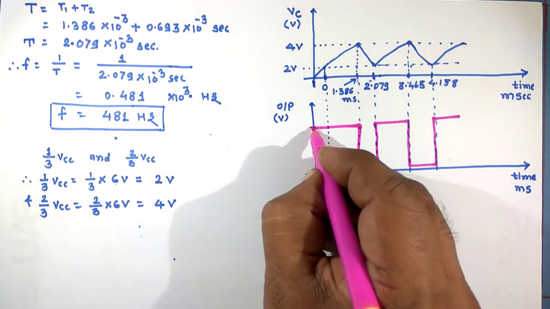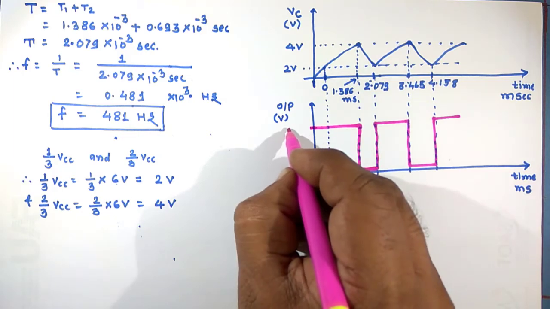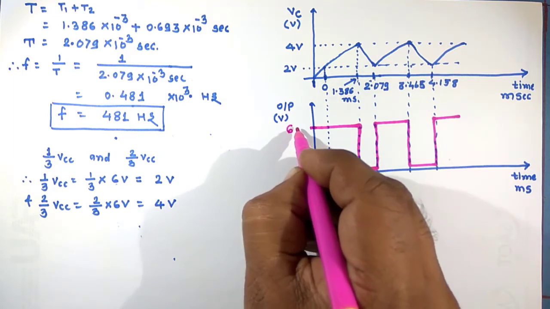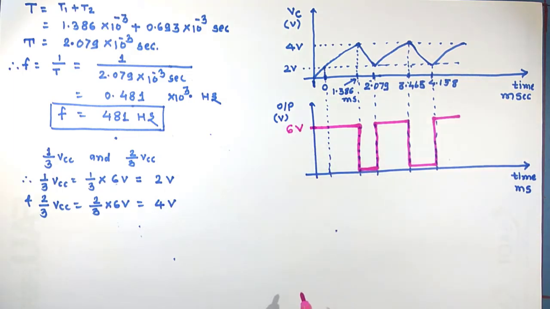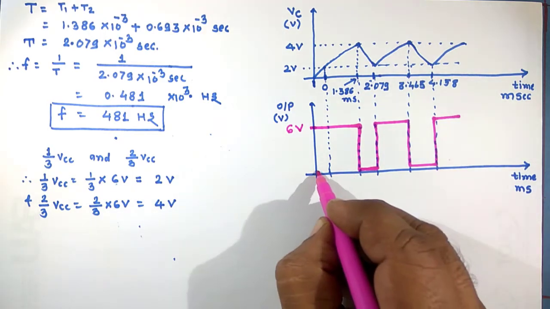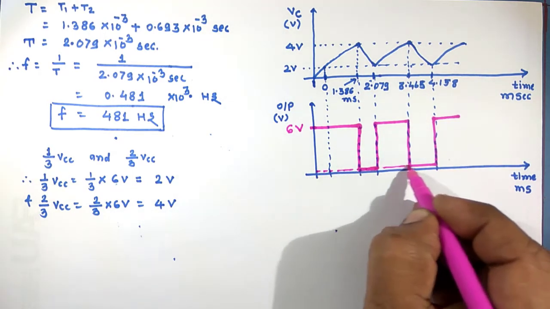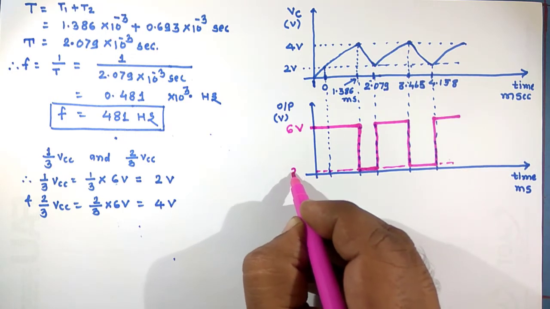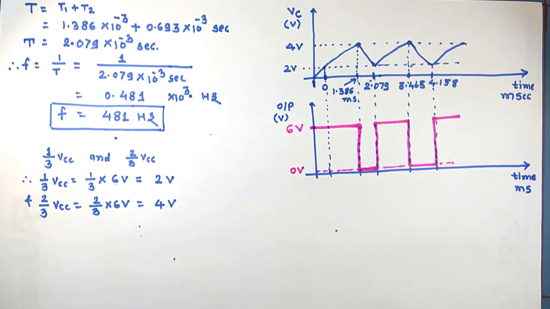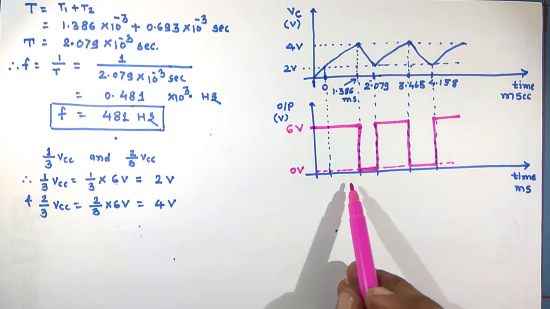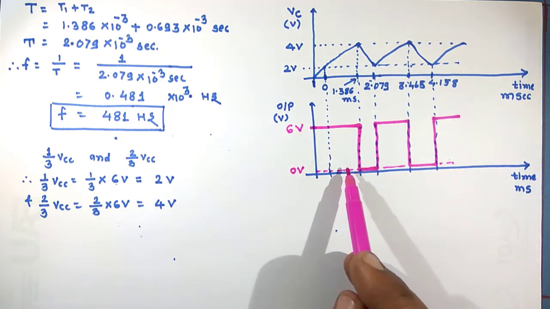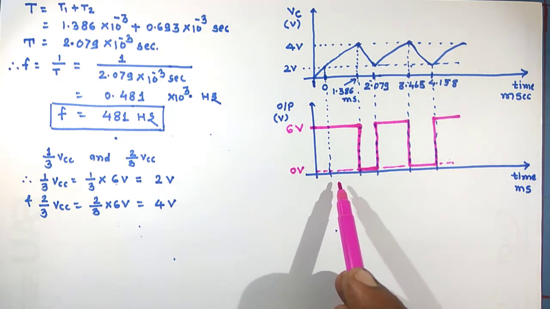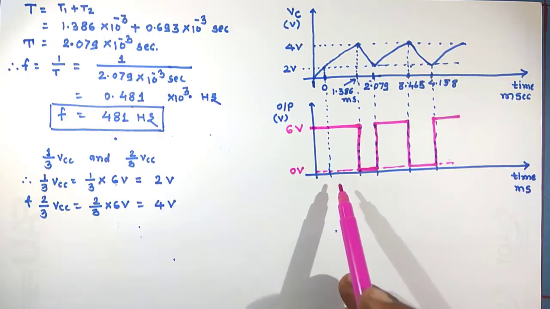The high output is approximately equal to plus VCC, so it is say 6 volt, and low output is approximately equal to 0 volt. So in this way, we can plot the output waveform of astable multivibrator.